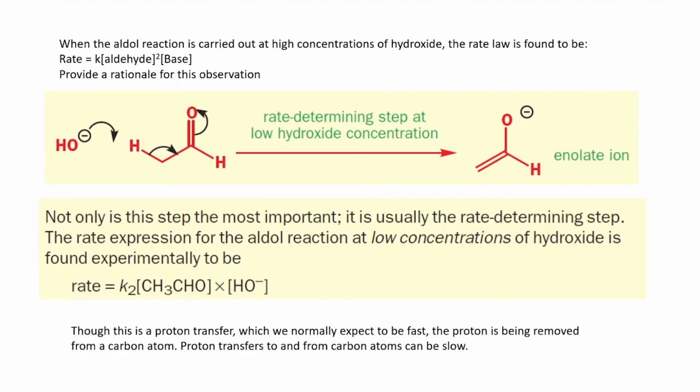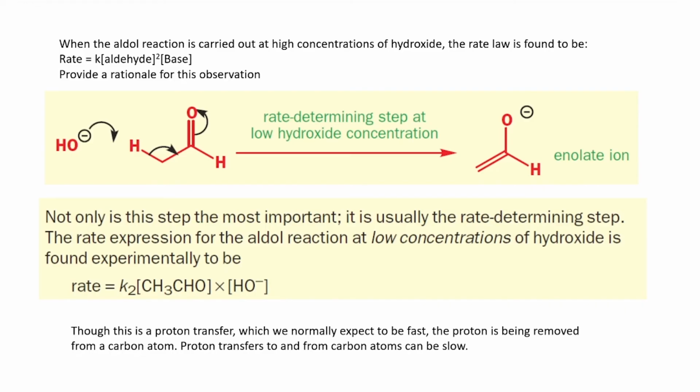This is quite reasonable to propose, because there is still a difference in the pKa's of the aldehyde and water. The aldehyde pKa is somewhere between 18, 20 and so on, and the pKa of water is about 14, 15. So there's a few orders of magnitude difference in the equilibrium constant, and therefore there's going to be some sort of challenge in generating the enolate ion.